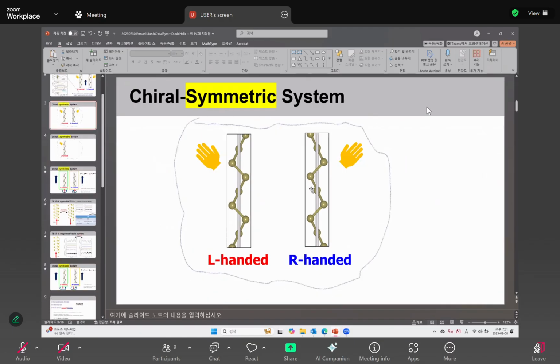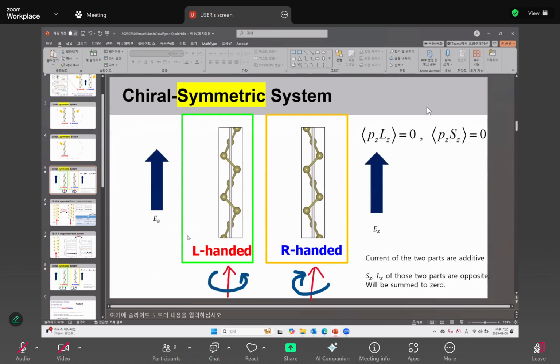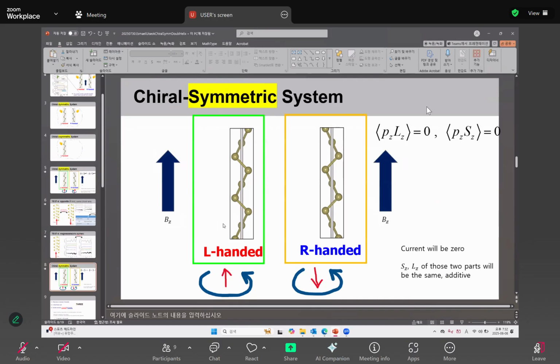Please remember Esmaeil's page 12: in the classical field theory, left helical and right helical are always equivalent, but it is broken in quantum field theory in an anomalous way. In this chiral symmetric system, when you apply an electric field, helicity is preserved. When you apply a magnetic field, helicity is still preserved. Let's say chirality is still preserved.